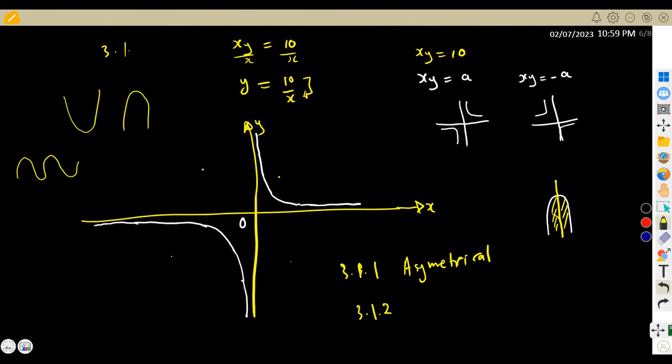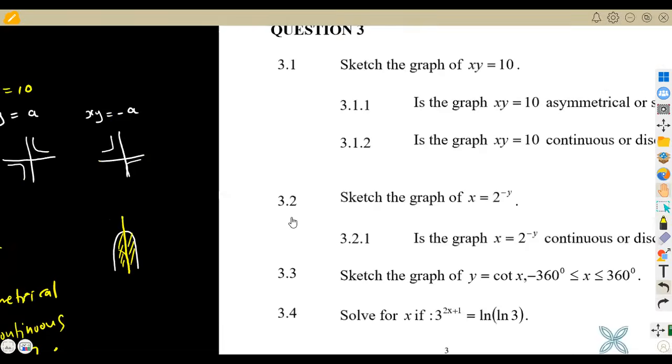But here we've got asymptotes. This point and this point are not connected together, so it's not continuous. If it is not continuous, that means it's discontinuous. So this is going to be discontinuous. All right, so that was question 3.12.